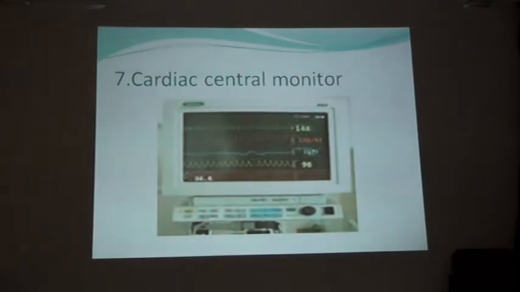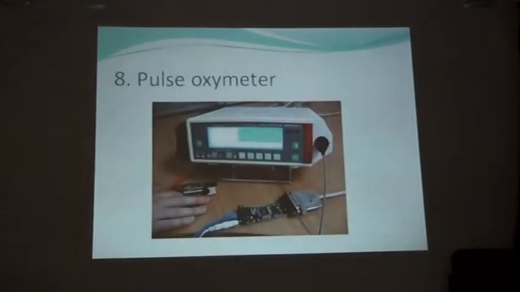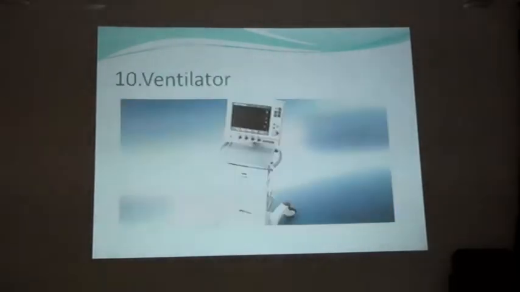These are the 7 parameters being monitored. We have 5 parameters in our ICU, but 2 parameters can be upgraded: invasive BP or EtCO2. Otherwise, all the 5 parameters we have. So these are the monitors.